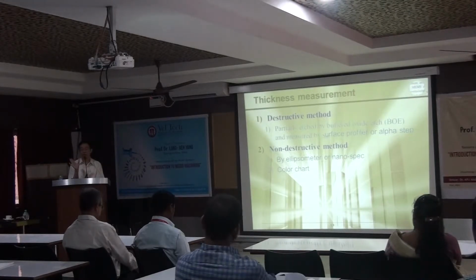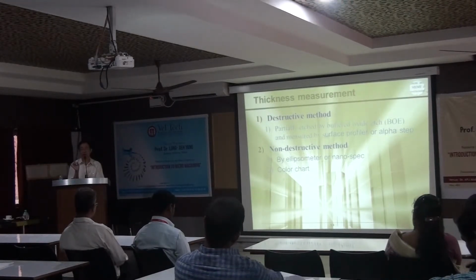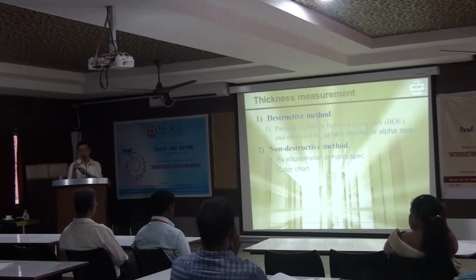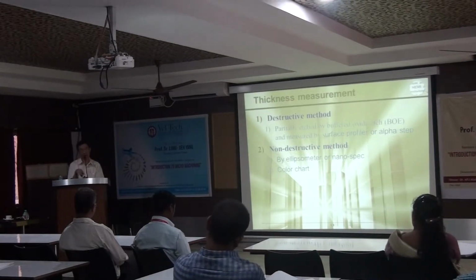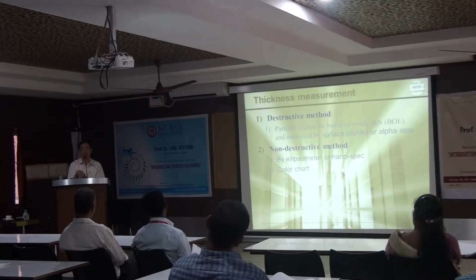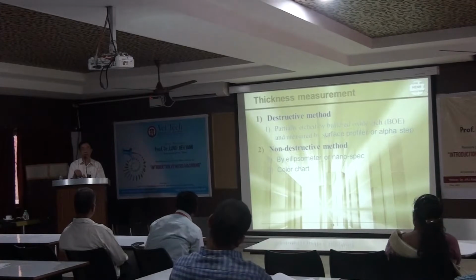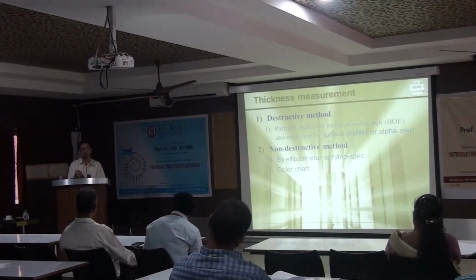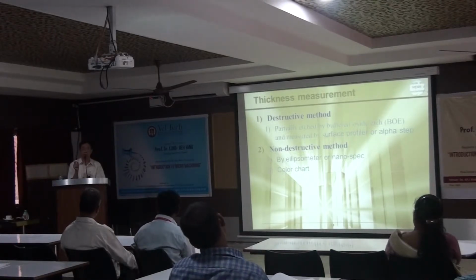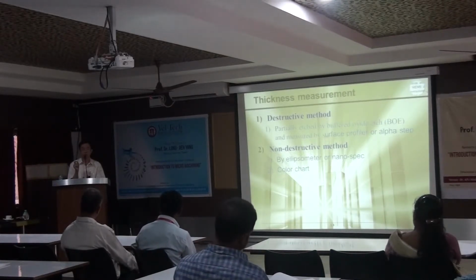Pure silicon is a gray color, like silver or platinum. But if you have oxide grown above, its color will change from silver. If you have 1,000 angstrom or 0.1 micron, the color is about deep purple.